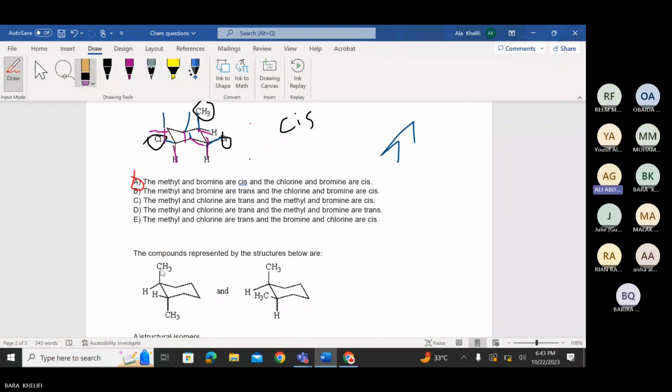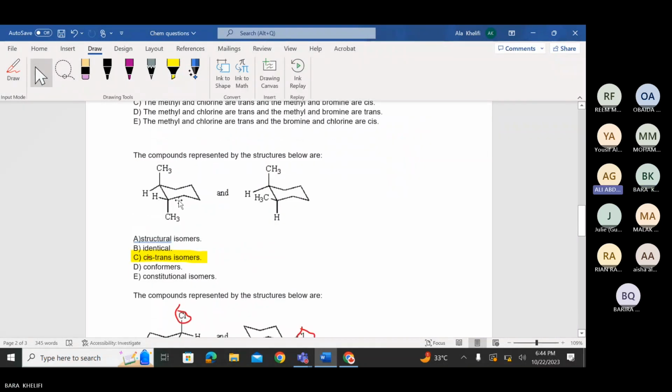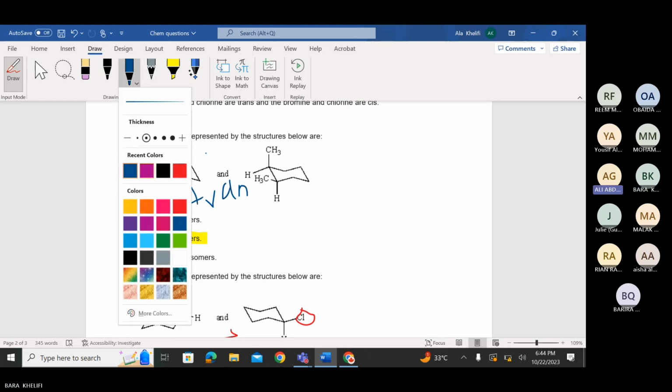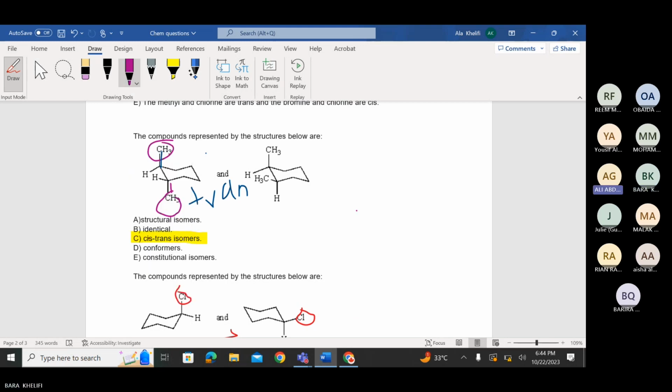Okay, thank you. No worries. Now, this question you were asking about? Yeah, here the same thing. So we said that it doesn't matter if they're both axial. It doesn't mean that they will always be cis. If they are axial but facing opposite sides, as I told you, down, and this one, let me do it in blue, is facing upwards, this makes it trans. So one is down and one is up, it would be trans.